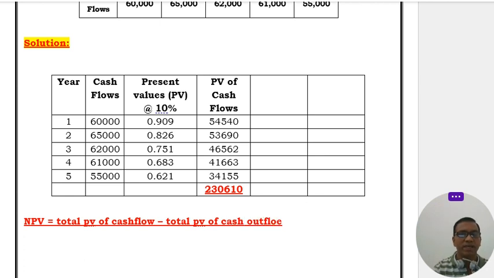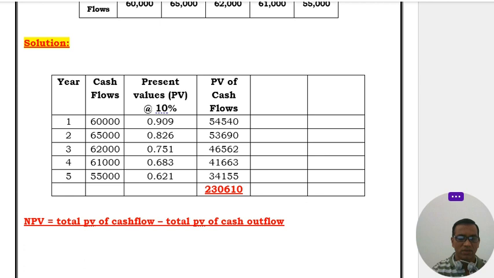Cash outflow means cost of the project, cost of the investment, and keep in mind, it is always in present value only.